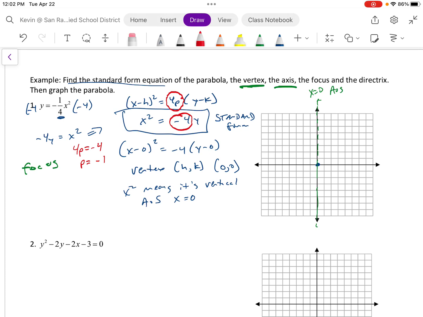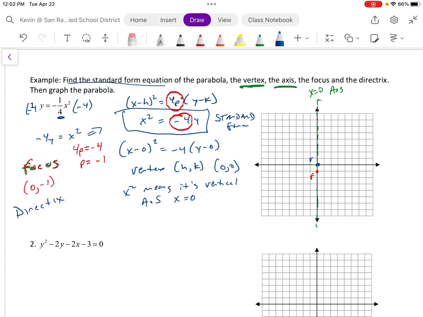Since p is negative 1, it's opening down, and it's going down 1. So my focus is right here, at the point (0, negative 1).